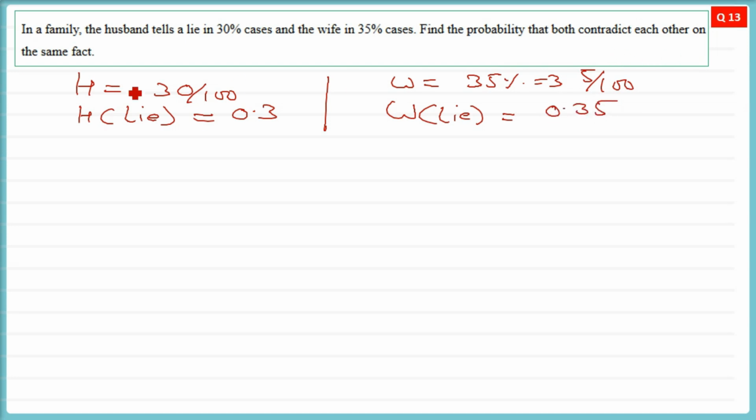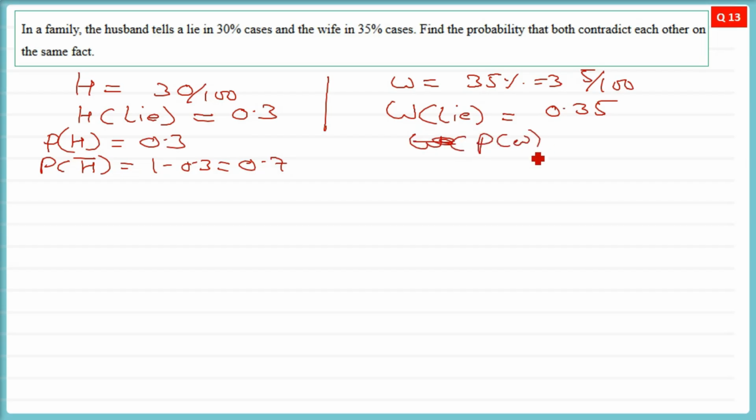They both contradict each other. That means the husband, we are representing husband as H. So probability of husband, actually it's the other way around. We always take the positive thing as H, the negative thing as H bar. So I'm just changing this. It's a lie, that is why I'm representing it by H complement or H bar.